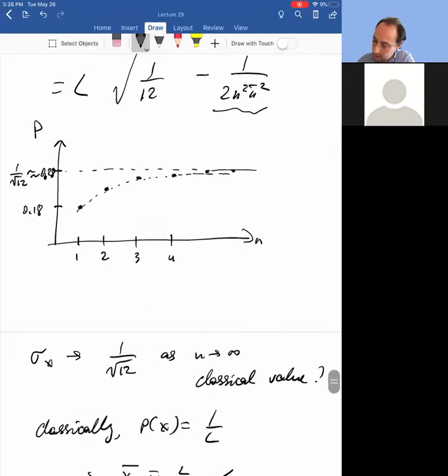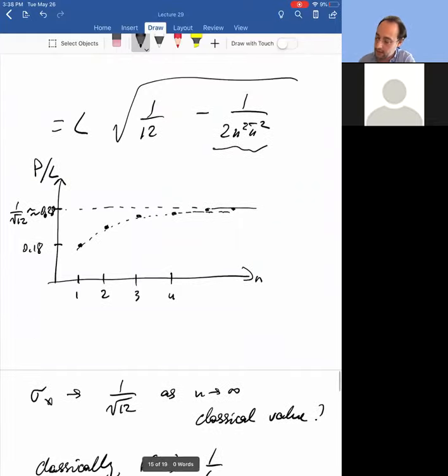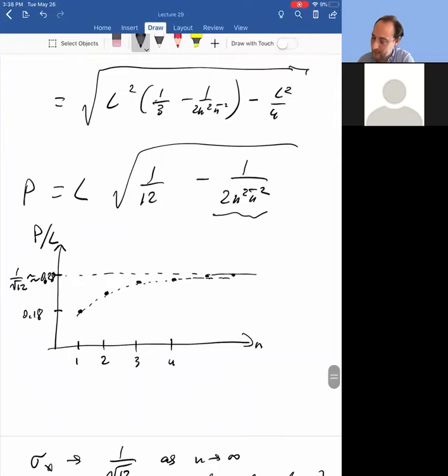And here I forgot to say that this is sigma over L. I'm plotting sigma over L. So sigma equals L times this bunch of stuff, so sigma over L is this, right? So it's not sigma, it's sigma over L that I was plotting.